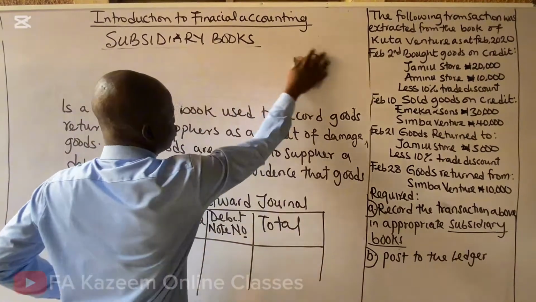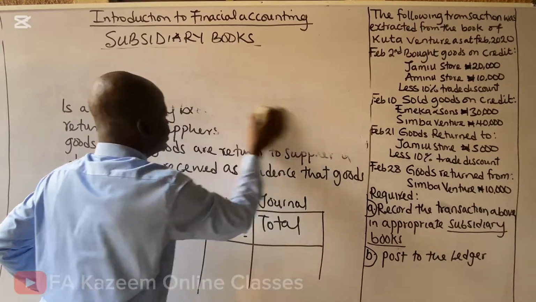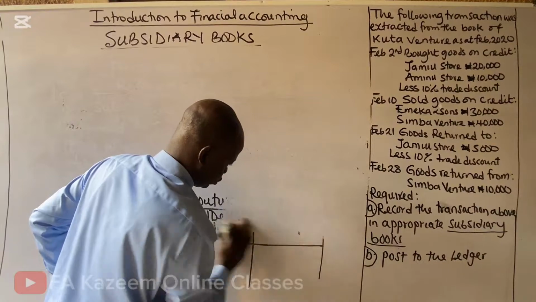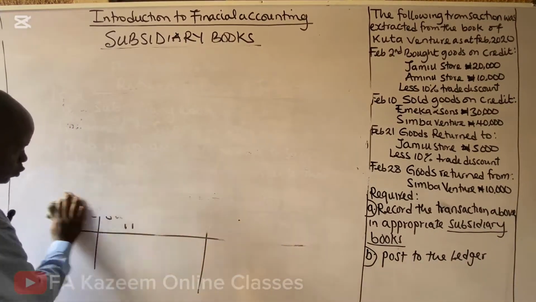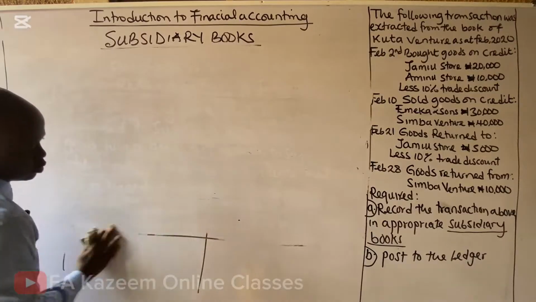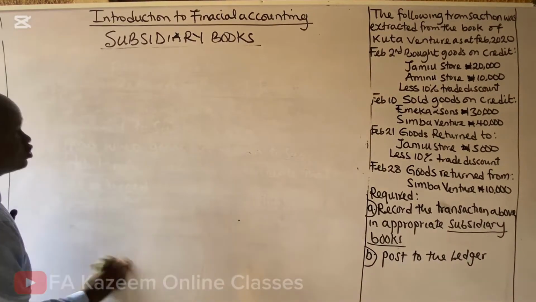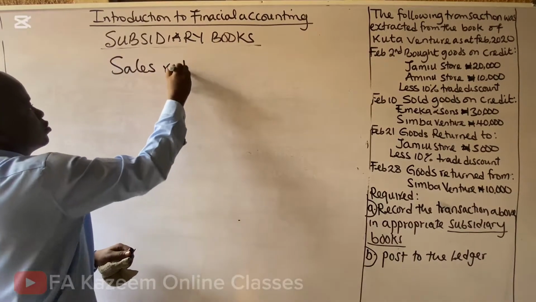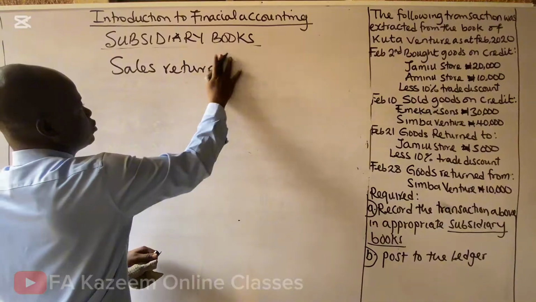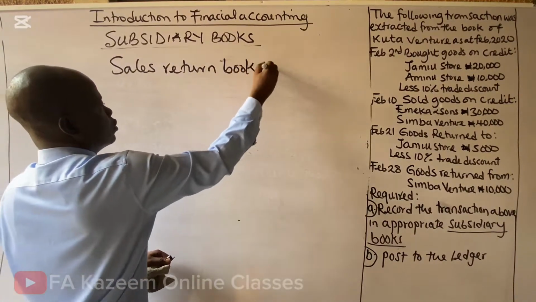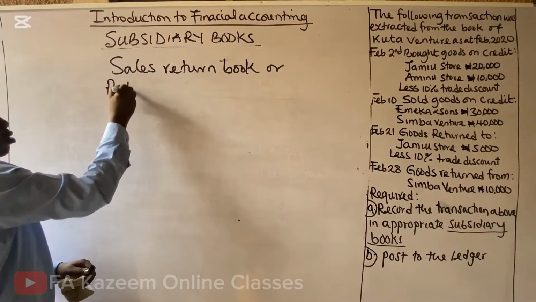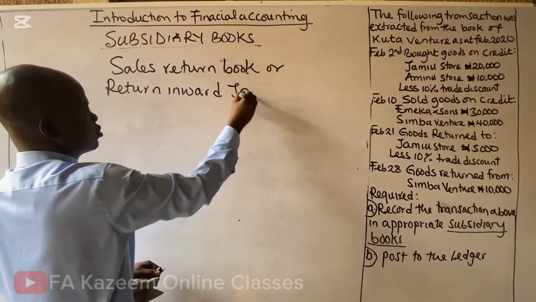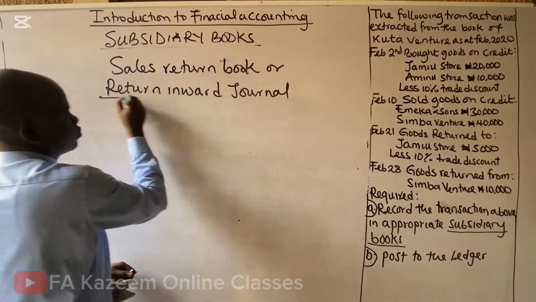Let's look at the last special journal before we go into illustration. The last special journal we are going to be looking at is known as a sales return book, or we call it return inward journal.